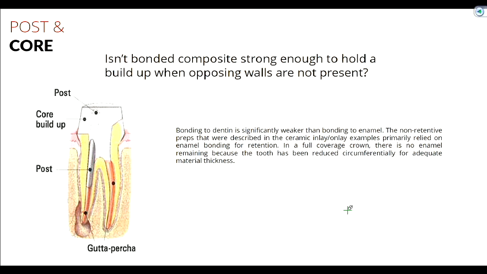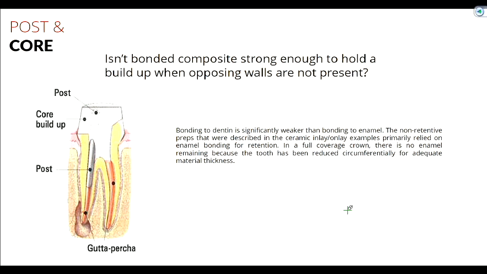So now we don't have that good bond to enamel. We're now bonding to a weaker dental substrate, right? Dentin, yes, we would say it bonds, it has this hybrid layer, but definitely not as strong as enamel bonding. So it's not something I would solely rely on when you don't have some resistance or tension form from your walls, okay?